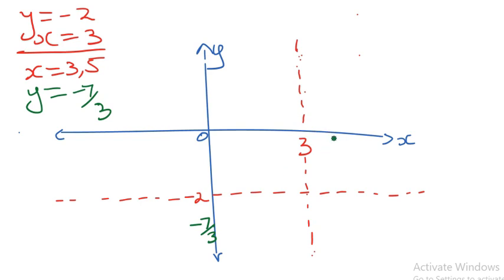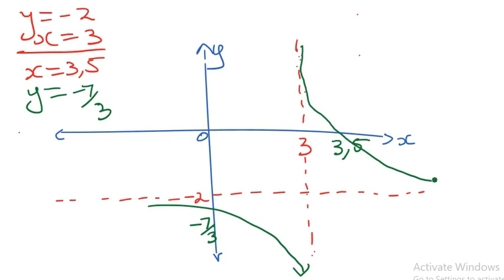Here we are having 3.5. So our graph is going to look like this. That's a hyperbola graph. If you draw like this, you get all the marks.